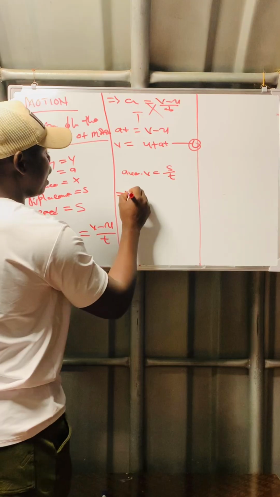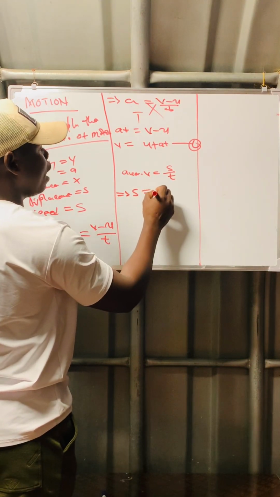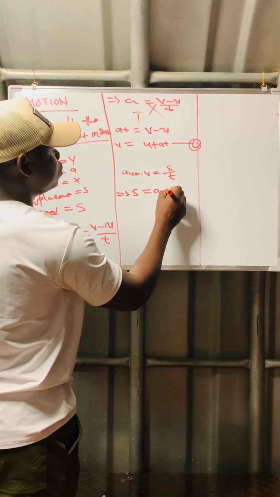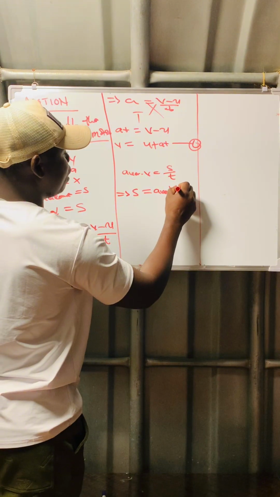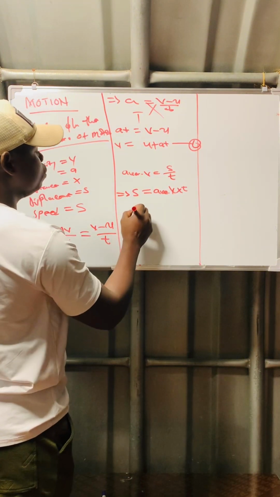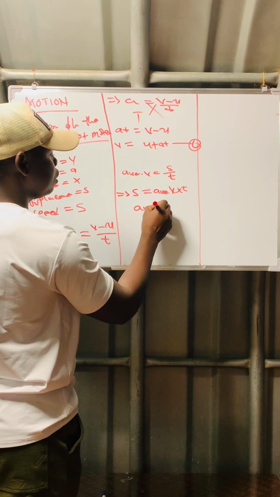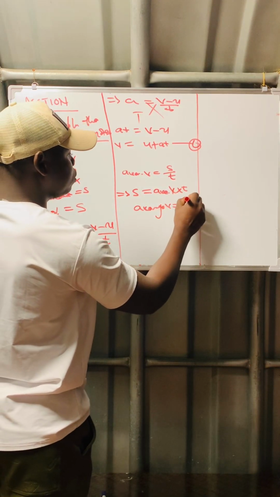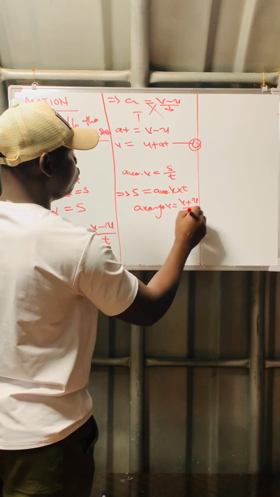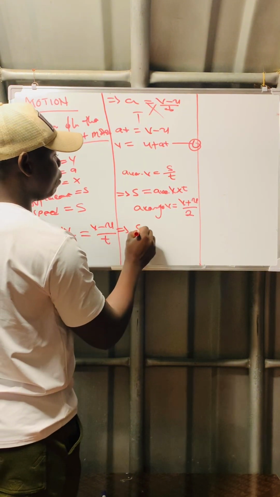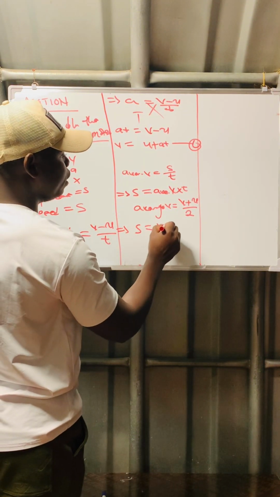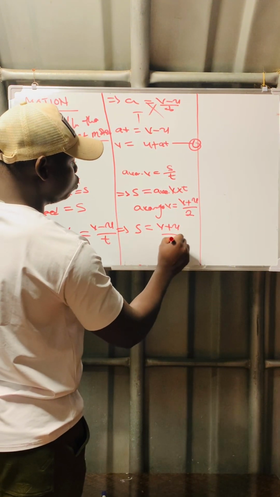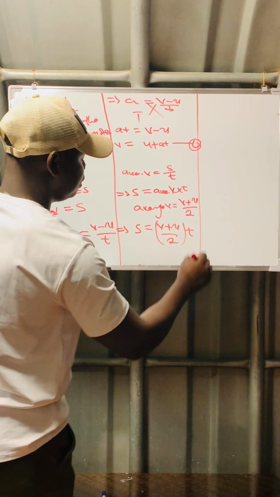This means that s can be equal to average velocity multiplied by t. But we know that average velocity is equal to final velocity plus initial velocity all over 2. This implies s is equal to v plus u all over 2 multiplied by t.